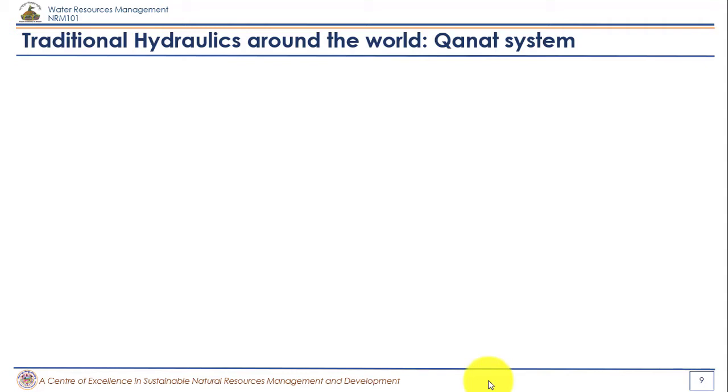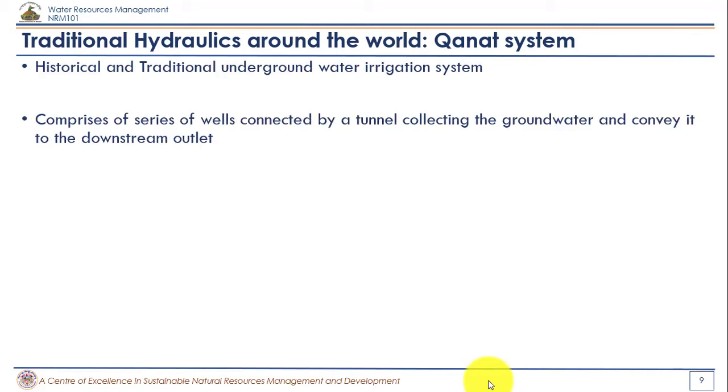So there's a very lengthy video on this one, which I do not want to post right now with the video presentation over here, but I would like to certainly give it to you through VLE, or if it is not working through VLE, I would like to give it to you when you come back to the college. So here it is about Qanat system. So one of the traditionally or one of the historically used underground water irrigation systems.